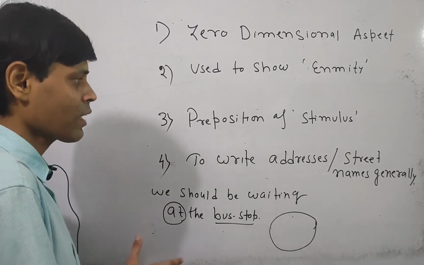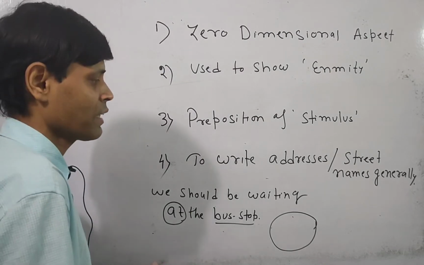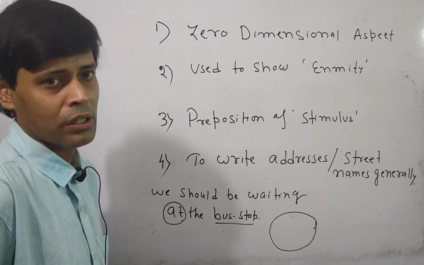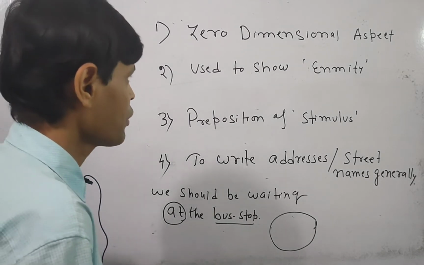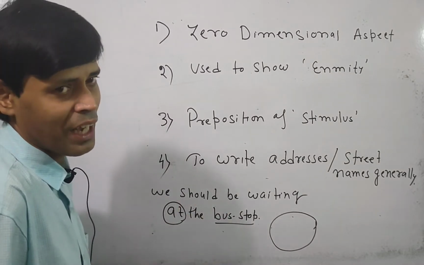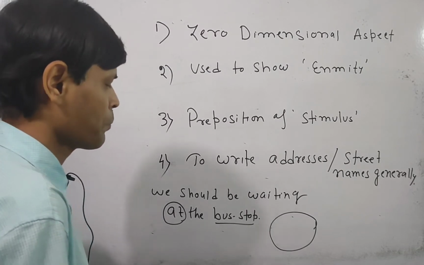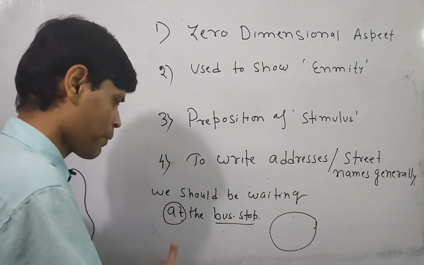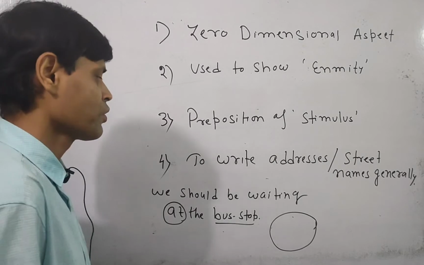That means the writer or the user is not thinking that the object has any dimension as far as the dimension of the globe is concerned. So it is called the zero-dimensional preposition. It has neither height nor breadth, etc. Although in the practical field, you will find that the bus stop has some height, length and breadth.